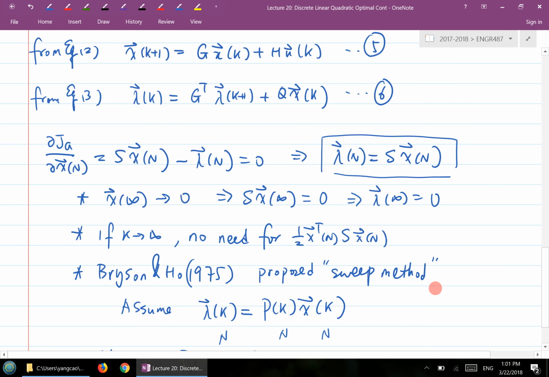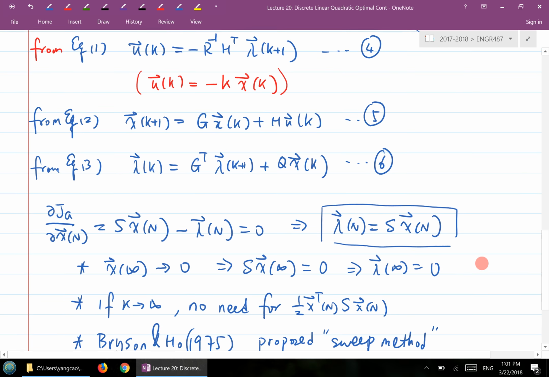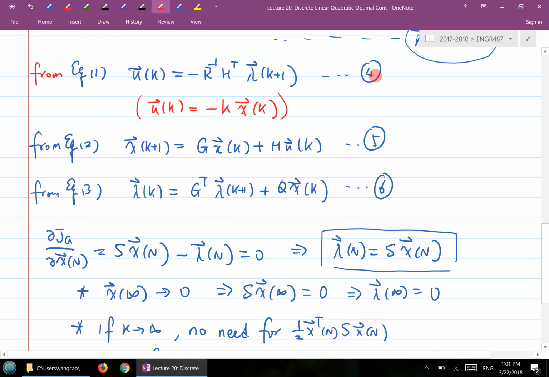Now, based on this sweep method assumption, let's see what's going to happen to our equations 4, 5, 6. First, let's go back to equation number 4.